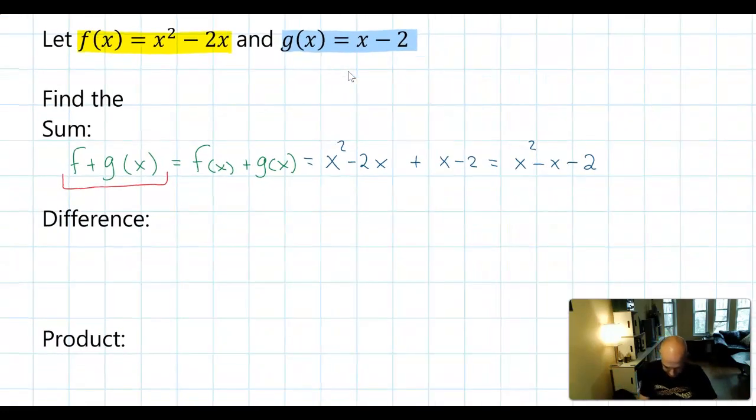You might also be asked to find the difference of two functions. That will be written as (f minus g) of x. If you see this on the page, what it's asking you to do is the equation for f of x, minus the equation for g of x.